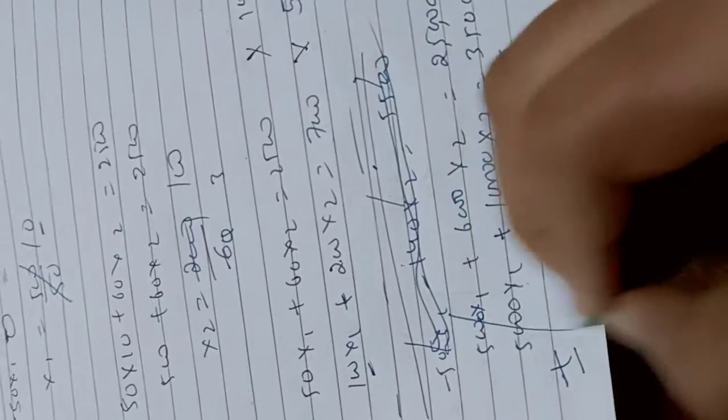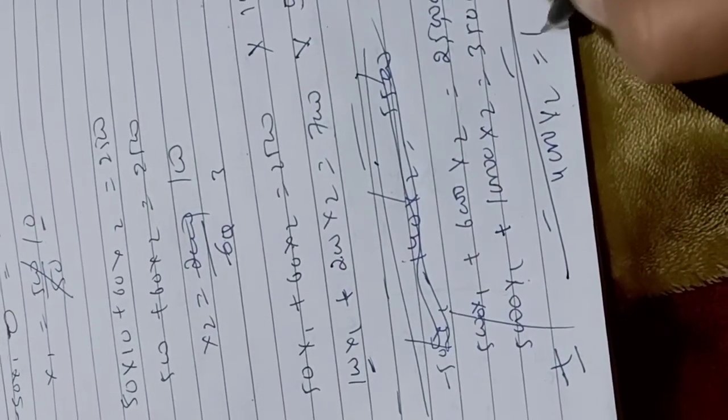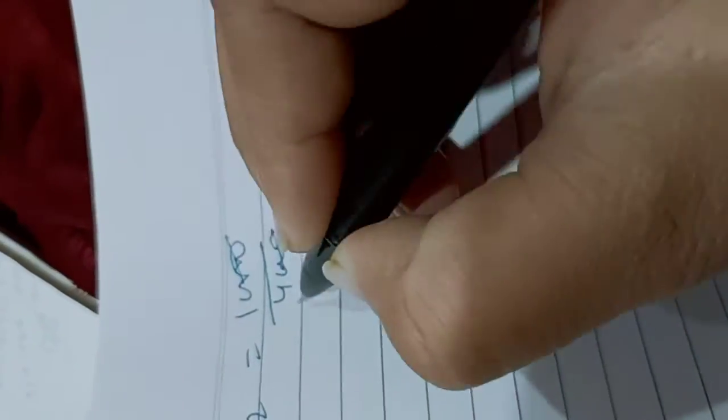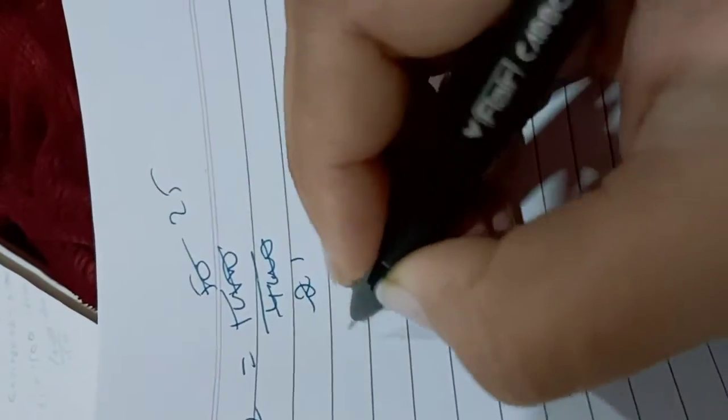That one will cancel. 4,000x2 is equal to 1 lakh. Now cut these zeros, 25. So the value of x2 is equal to 25.